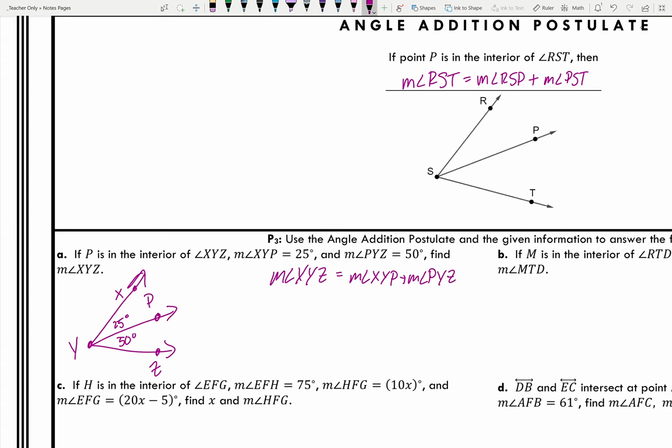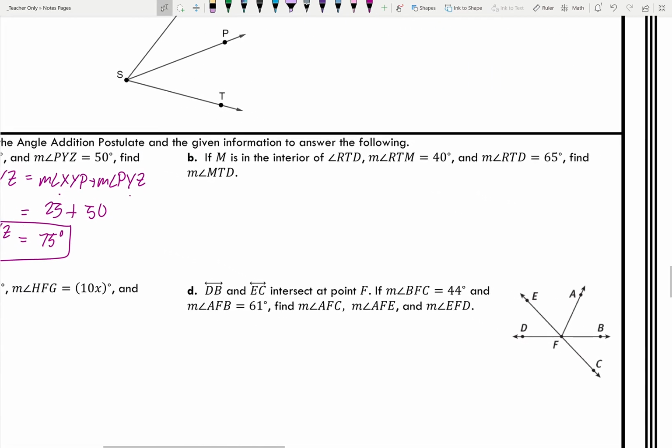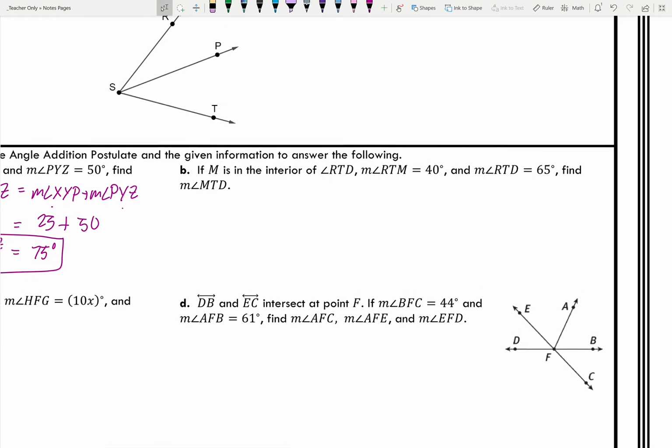We know these two angles already, so we plug in: the measure of angle XYZ is just 25 degrees plus 50 degrees, which is 75 degrees. And that is our answer for the measure of angle XYZ. Of course, we'll be using algebra eventually to do this. So let's look at another similar one, but a little bit different.